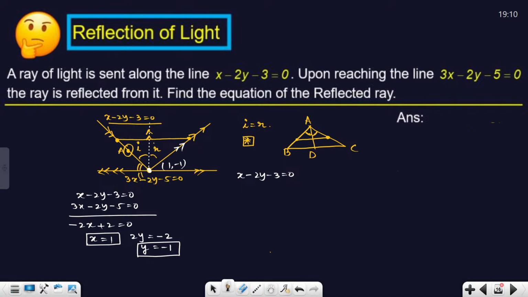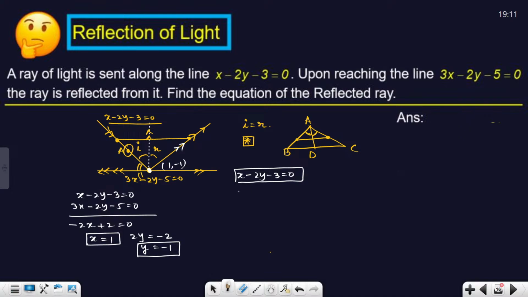Then we have another point on the reflected ray. You already have one point, you got another point, so I will simply apply the two-point formula to get the equation of the reflected ray. My main idea is simply to find a point on this incident ray by inspection.